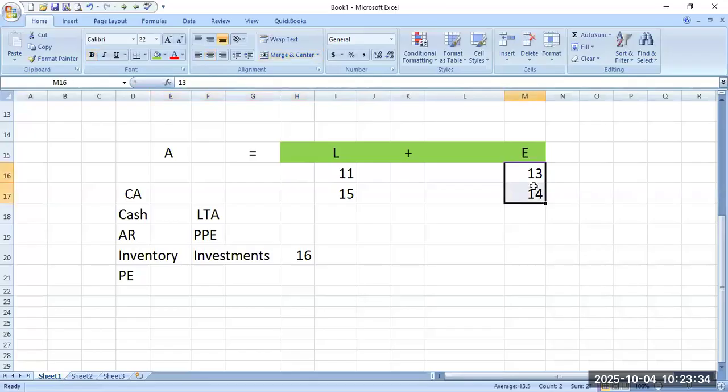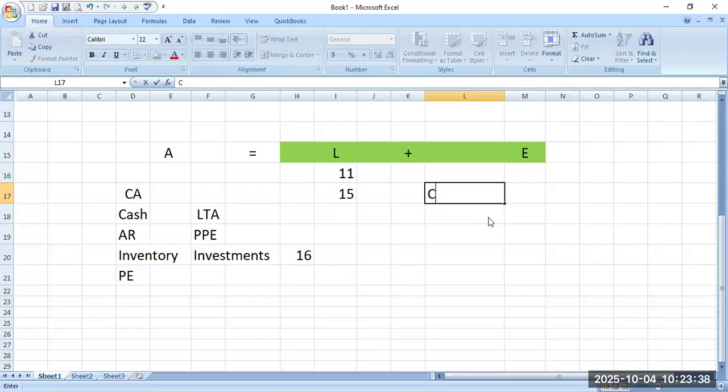So if we have to go back to our Excel spreadsheet, let's switch quickly to the Excel spreadsheet. So what that means is under the equity section, we're going to have two sections.